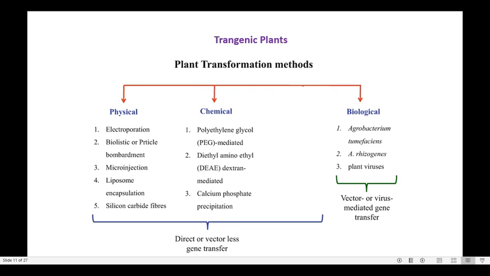Physical methods include electroporation, ballistic, microinjection, liposome mediated, or silicon carbide mediated. Chemical methods include polyethylene glycol mediated, aminoethyl dextran mediated, or calcium phosphate precipitation. In this presentation, we will see more about electroporation, ballistic, microinjection, liposome mediated, PEG mediated and Agrobacterium tumefaciens as examples.